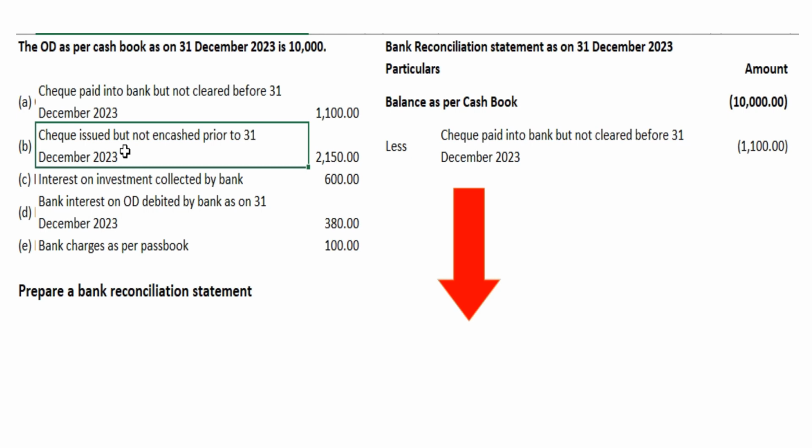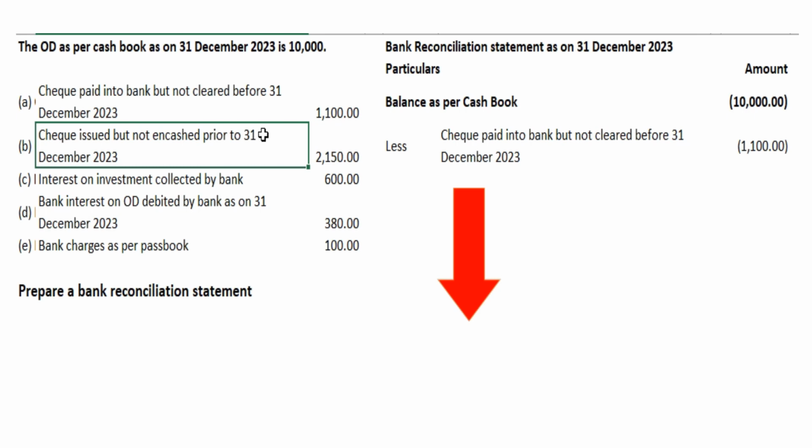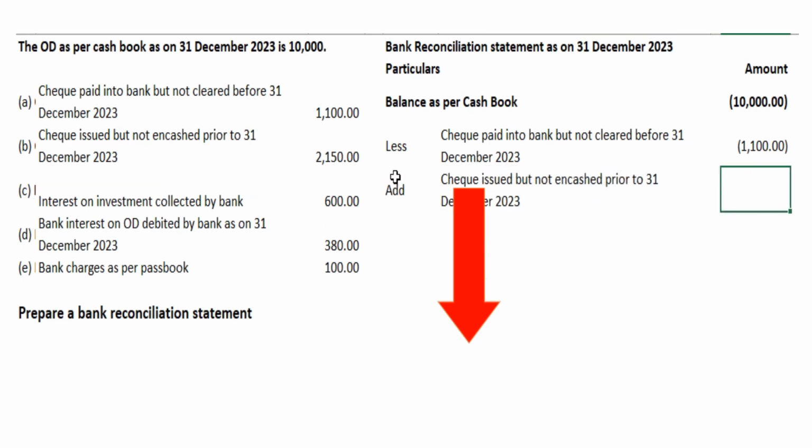So this transaction is not complete as far as the bank is concerned. In order to reach the bank's balance, we need to reverse what the accountant has done. Since the accountant reduced his balance, we will be reversing his action.